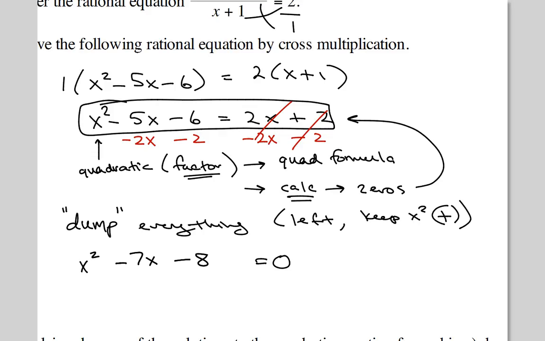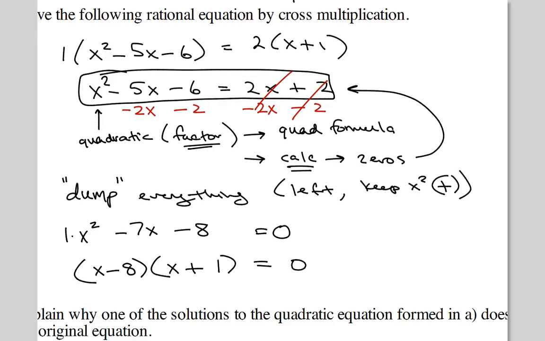Is this guy easy to factor? Why? Inspection, right? The 1 here, so easy. Inspection. So how to make this perfect? X minus 8, x plus 1. That was very simple. Solutions to this resulting quadratic. First one is 8, second one is negative 1.